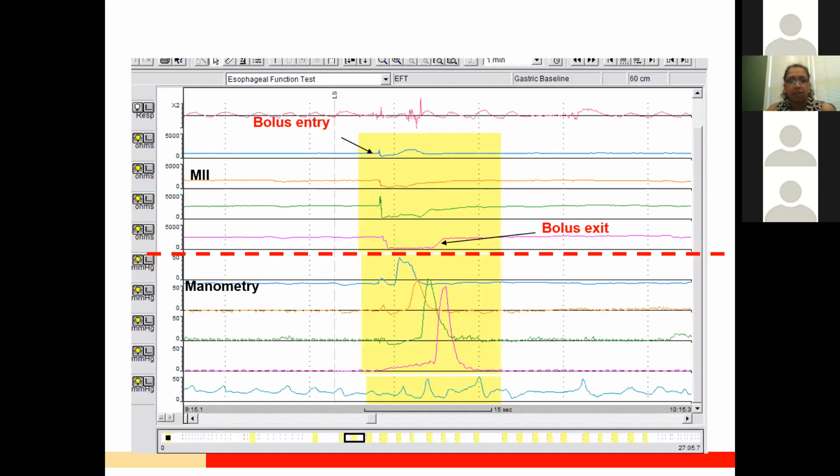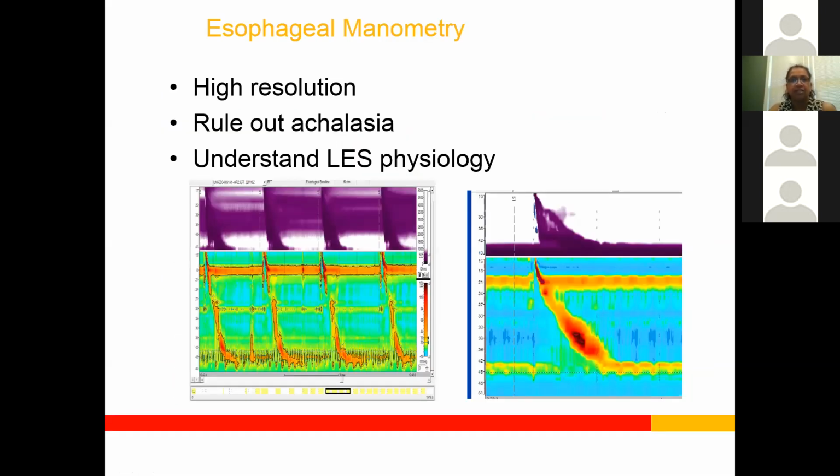So when we looked at traditional manometry, this is kind of how it all started. This is a traditional manometry in the bottom half, and we added in these impedance tracings, and you looked at your LES at the bottom. This is really old school, a far cry from what we can see now with high resolution manometry, where the high resolution almost mimics an esophagram.